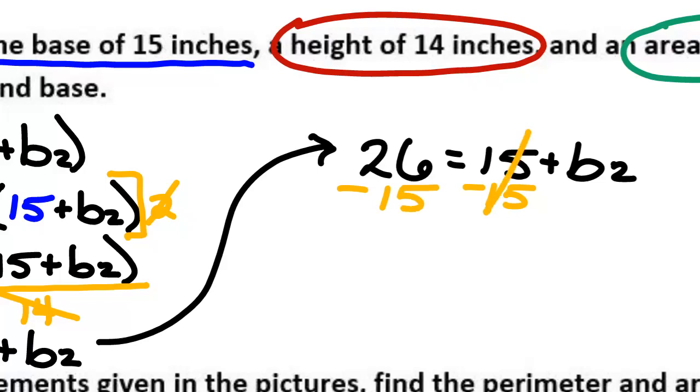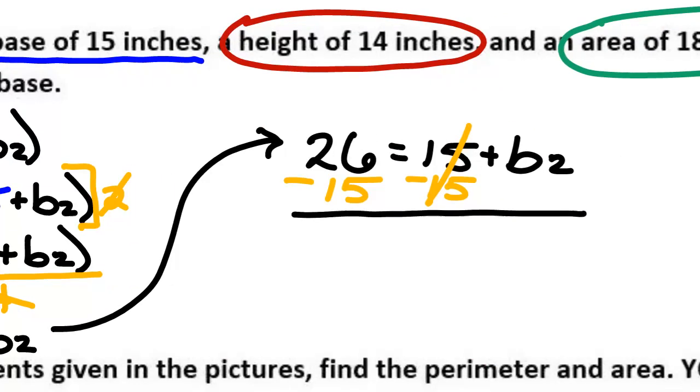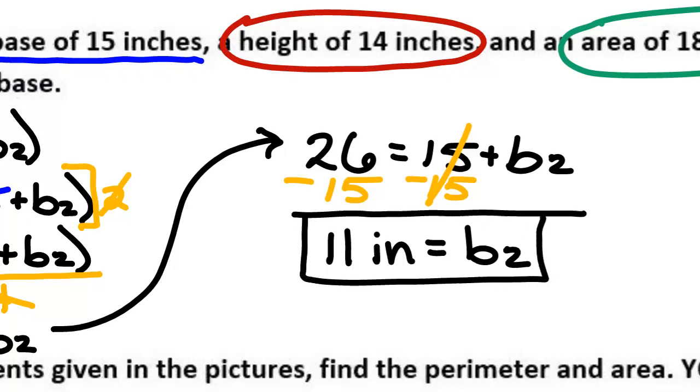What is 26 minus 15? 11. What kind of units should we put with that 11? Inches. So 11 inches is equal to base 2. Or you could have called it base 1. Again, it does not matter as long as you're looking for one of those two bases.